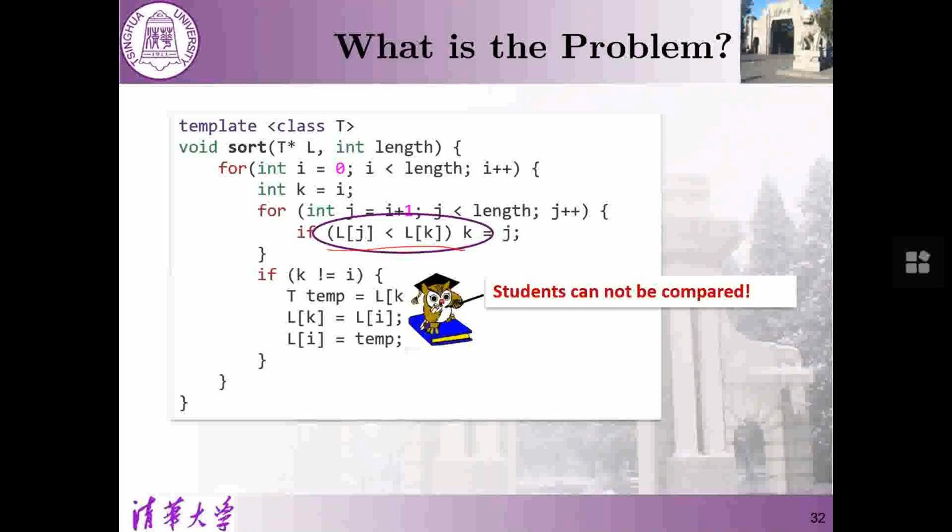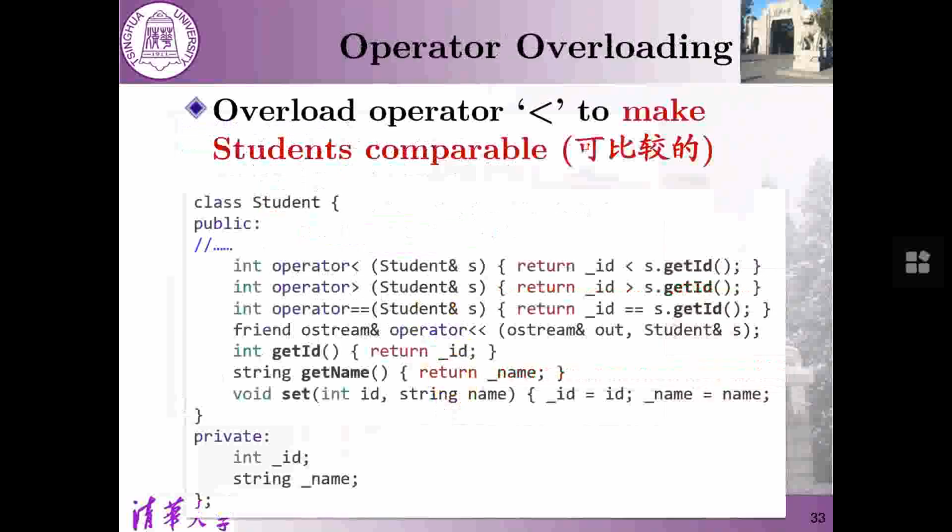We should make students comparable, right? How to make students comparable? We need to overload this operator. So whenever we want to make some objects comparable, we need to think about overloading the comparison operators.